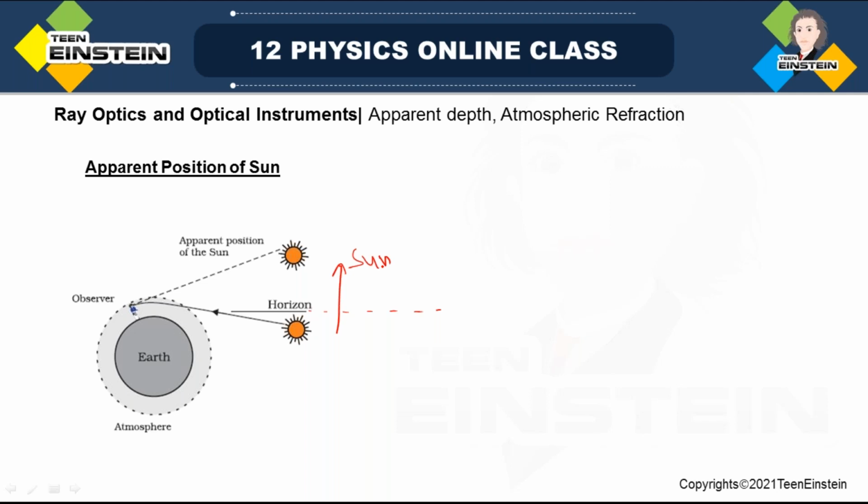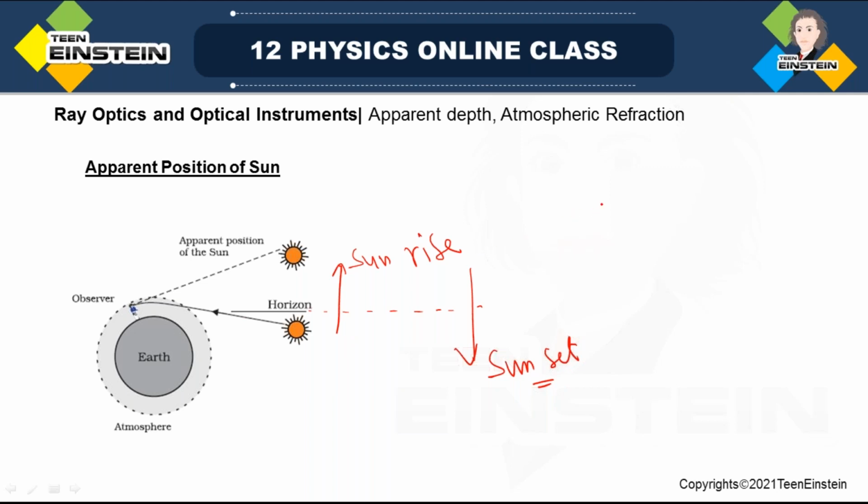It is actually sunrise when it comes above this horizon, and when it goes below the horizon, it is called sunset. In principle, when the sun goes above the horizon, only then should we see the light from the sun. And as soon as the sun goes below the horizon, or sunset is happening, we should not see any light.